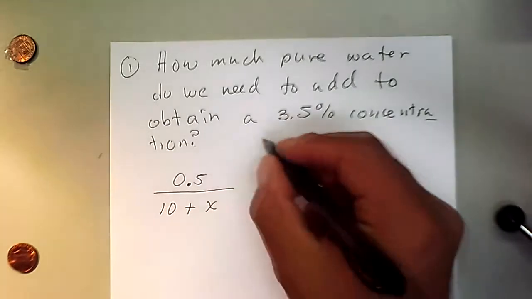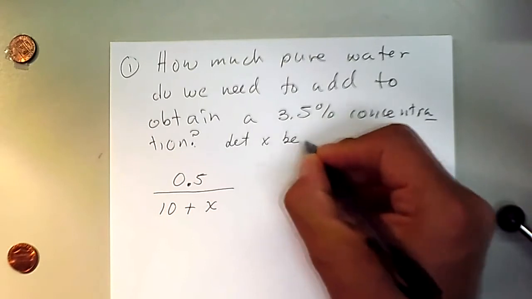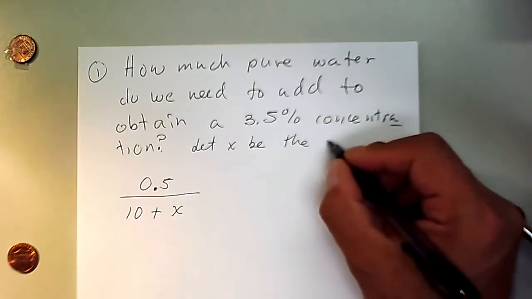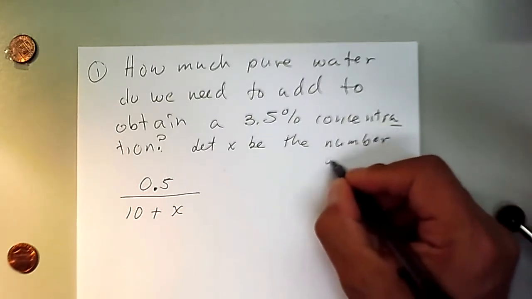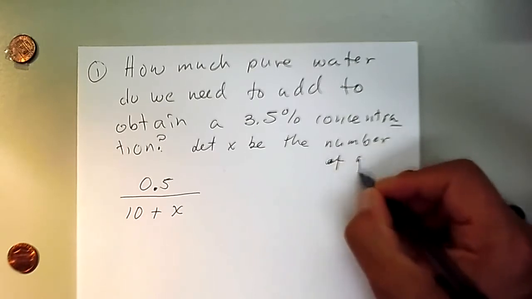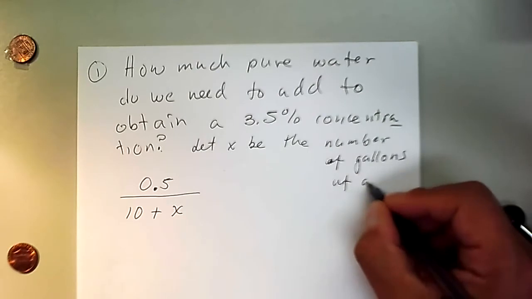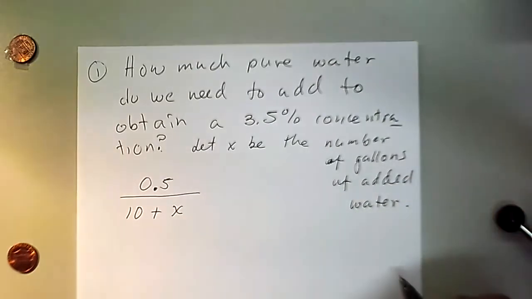So in this case, we're going to set X to be the number of gallons of added water. There we go.